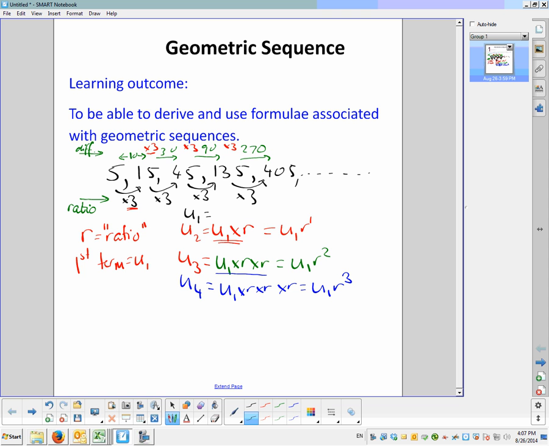U1 is U1 times R to the 0. So in the fourth term, it's R cubed. In the third term, R squared. In the second term, R to the 1. And the first term, R to the 0. So in the nth term, it's U1 times R to the n minus 1.